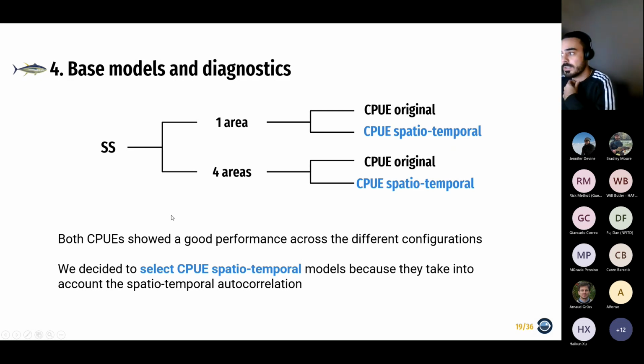I have to say that in both cases, we saw a good performance across the different configurations regarding the retrospective analysis or the diagnostics. But in the end, we decided to select or to focus on the spatiotemporal model configurations because the CPUE is taking into account the spatiotemporal autocorrelation.